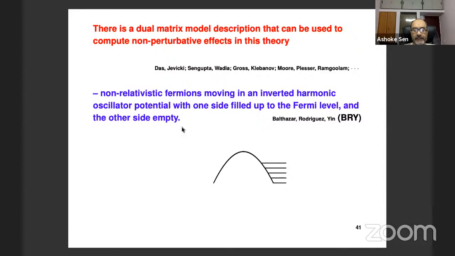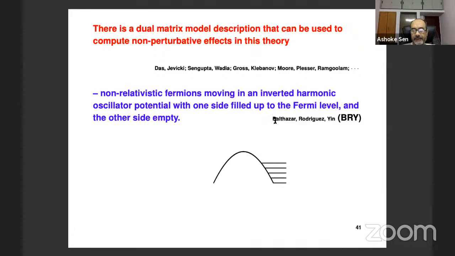The matrix model description can be translated to non-relativistic fermions moving in an inverted harmonic oscillator potential. Of course, the single particle energy levels are unbounded from below because it's an inverted harmonic oscillator potential. But there is a sense in which this gives a consistent description of two-dimensional string theory.